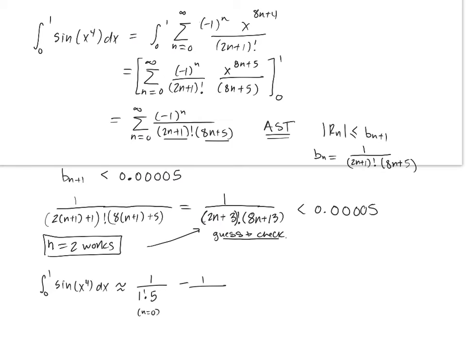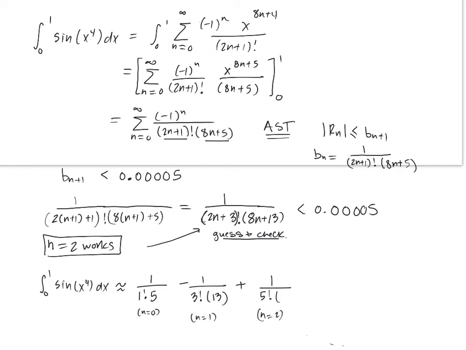Then 2n plus 1 factorial becomes 3 factorial, times 13, is that right? And then the last term you need is positive or negative? Plus 1 over, for n equals 2, yep, 5 factorial is correct.